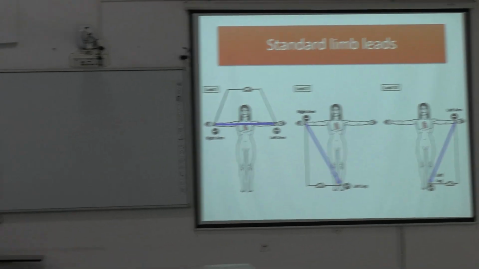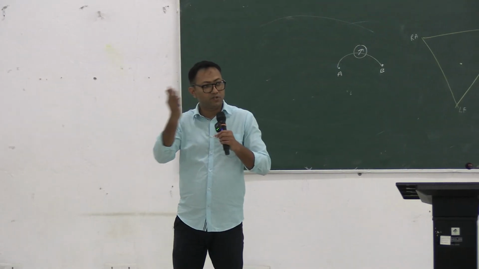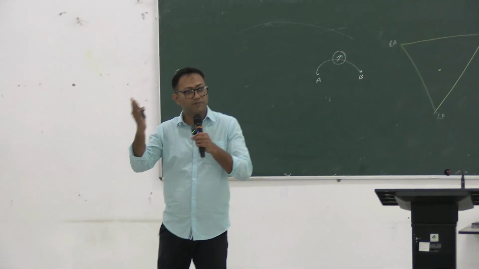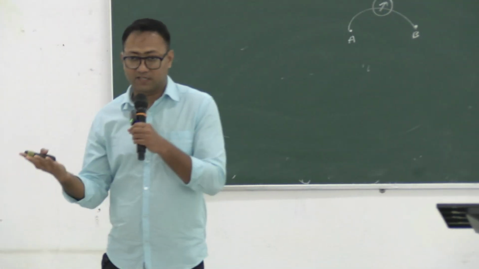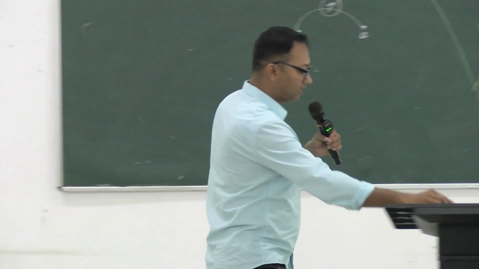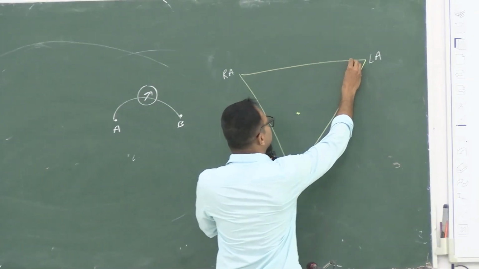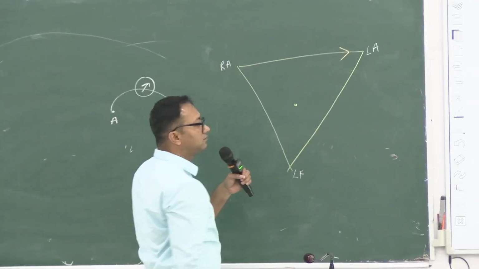And I told you that as we are considering flow of electricity, or flow of action potential, or flow of depolarization wave or repolarization wave as vectors, we can move them parallelly. So see, RA to LA, this is lead 1.